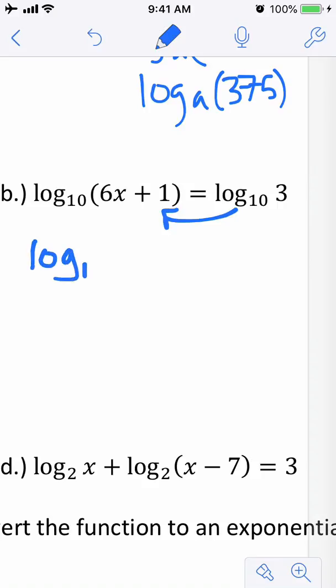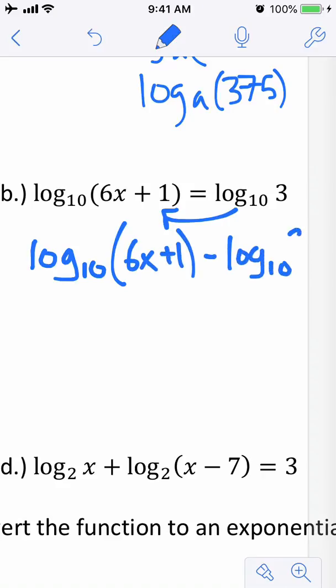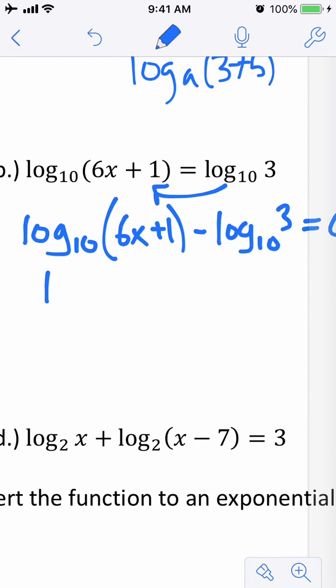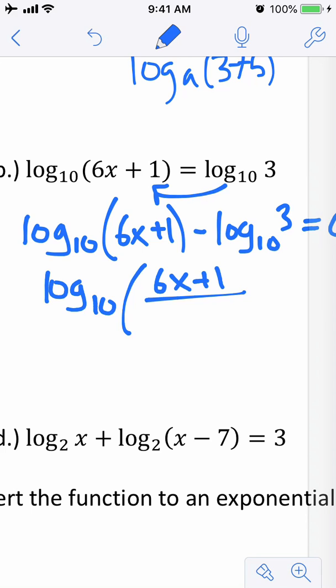So you can move anything you want. 0 is always a good placeholder. This was 1 minus log 10 3 equals 0. Cool. I'm going to forget about the 0 on the other side for a minute. I'm going to quotient rule this. Log 10 of 6x plus 1 over 3 equals 0.